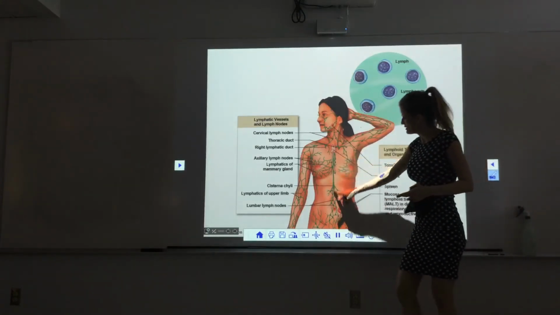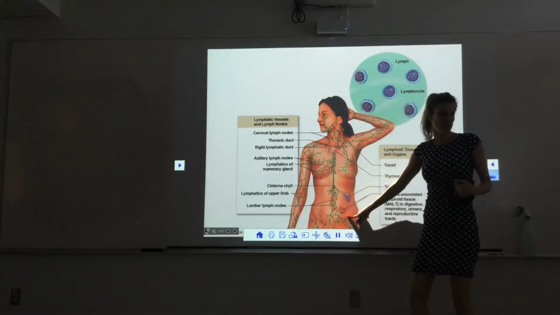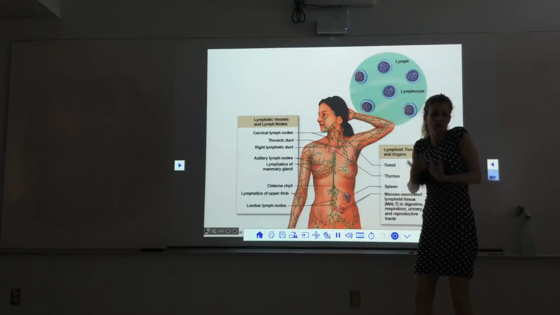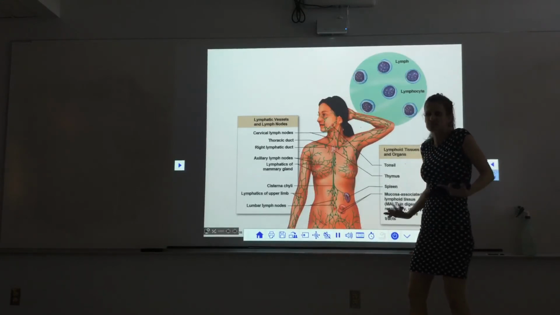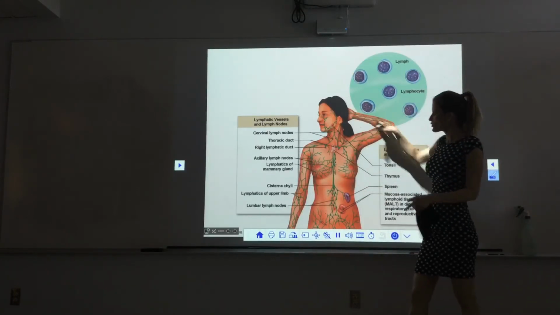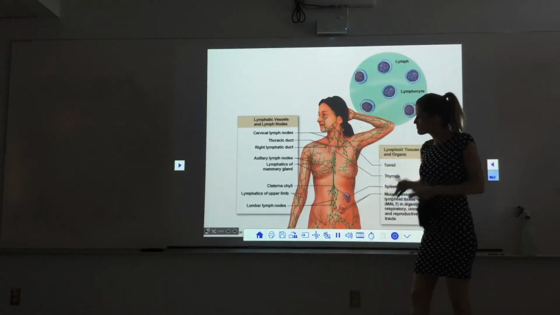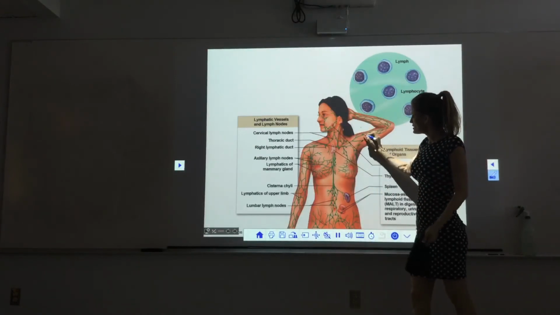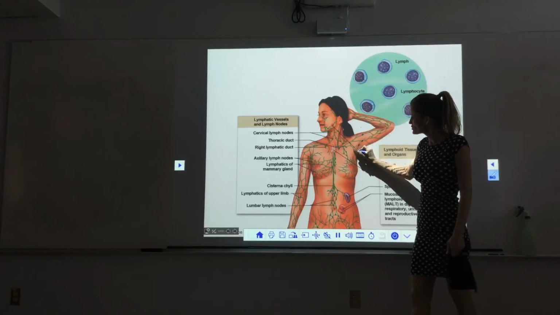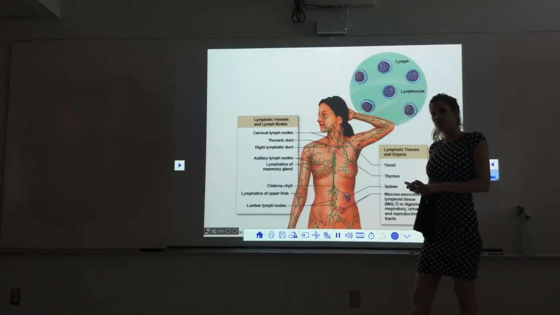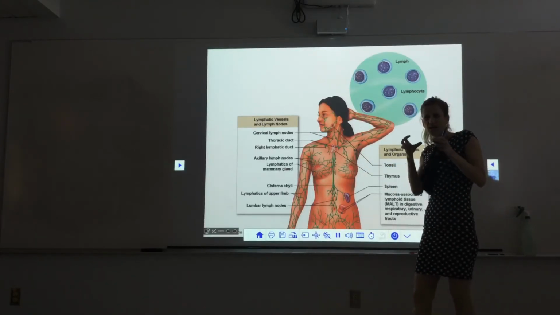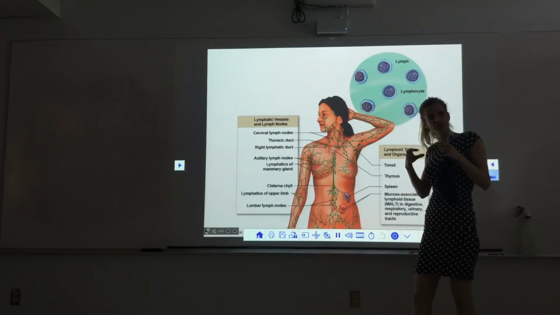All these green lines that you see here, these are the lymphatic vessels. They just go right alongside our veins. They flow just like blood vessels would, all throughout the periphery, all throughout the body. And every once in a while, you'll see these little balls.